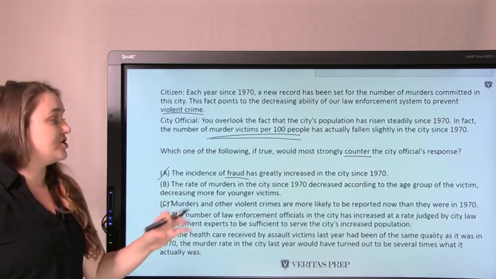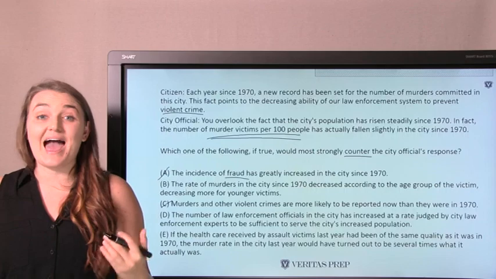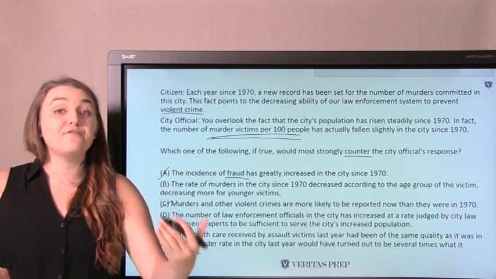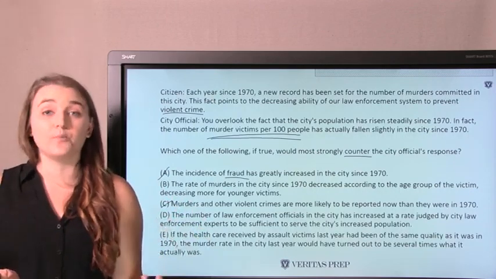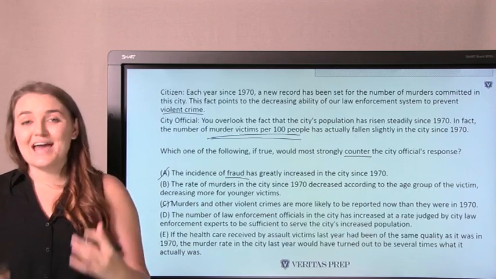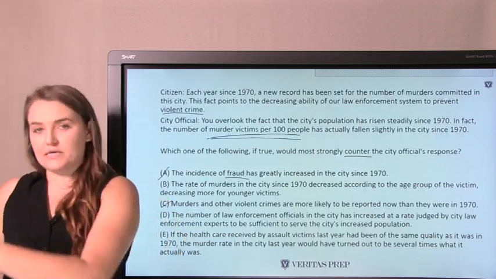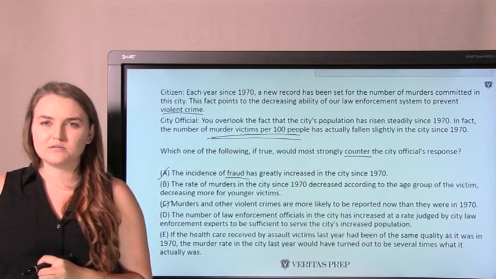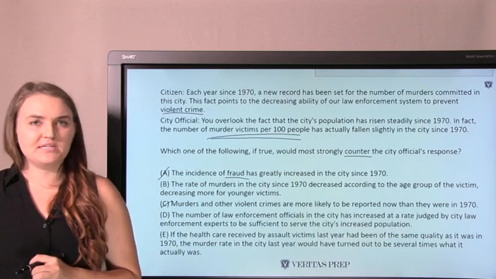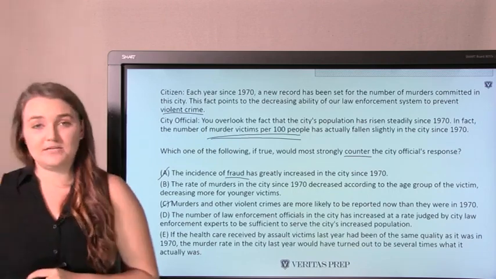We're running into a situation where this decline is probably actually even a step further. It may be even more notable because we're accounting for more of the situations at hand and still seeing the decline. Is that making a little more sense? Yeah, so C does not weaken, it strengthens the argument at hand.